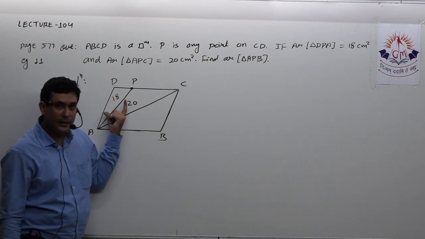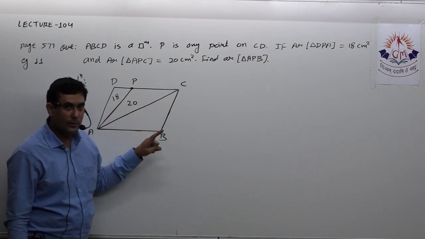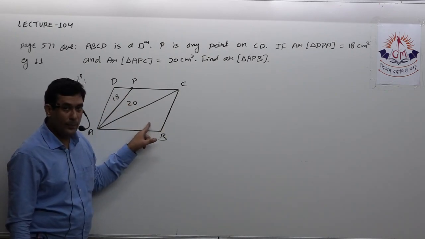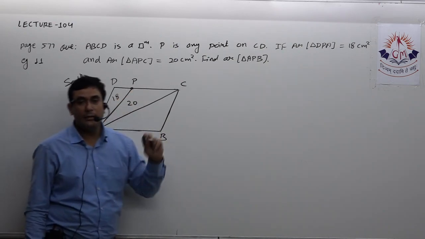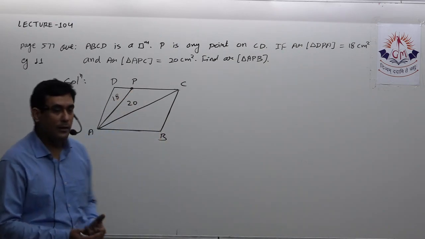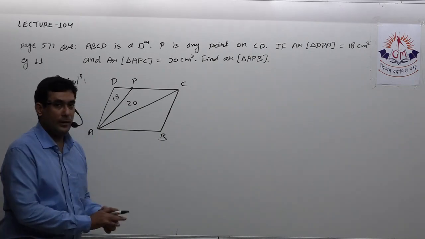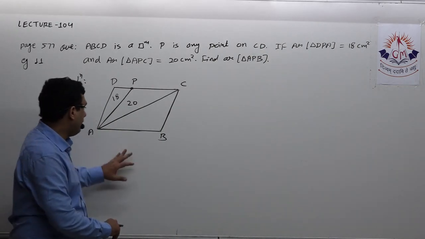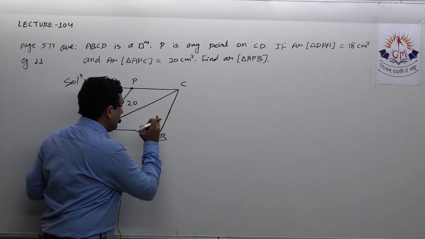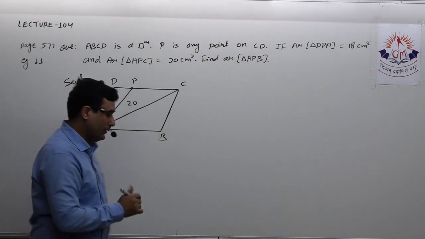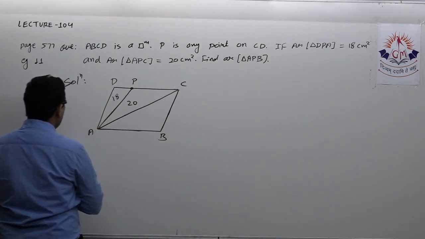So first we'll find area triangle ADC, then we'll make it double to get the area of ABCD, and then we'll apply that area of a triangle will be half of the area of parallelogram if they lie on the same base and between same parallels. So let us see how to solve this.